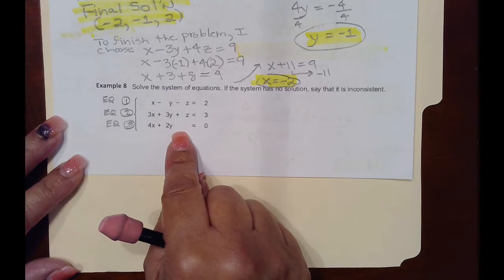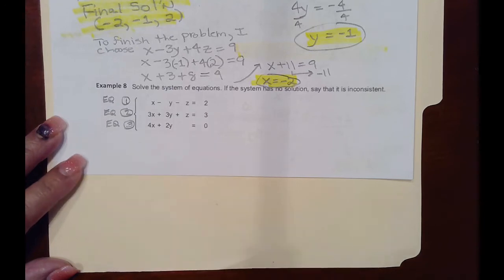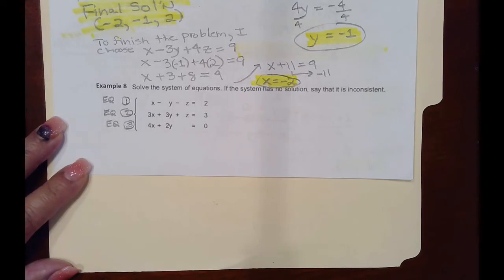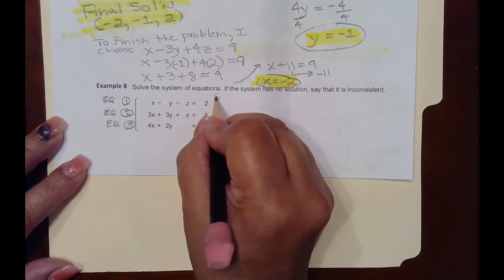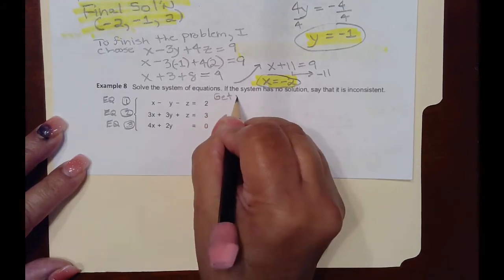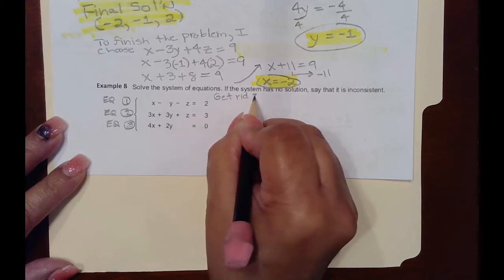So I would really be minimizing my work if you happen to notice something like that is going on in the problem. Try to give yourself enough time to analyze what would be the most beneficial variable to get rid of. The z's are actually going to cause me the least work. So I'm going to get rid of the z's.